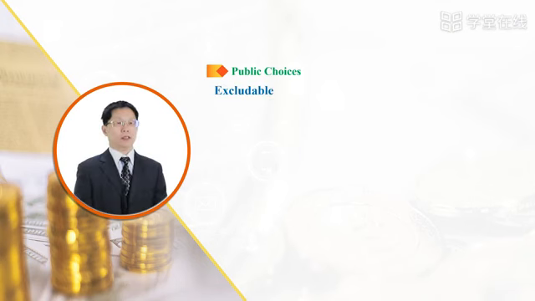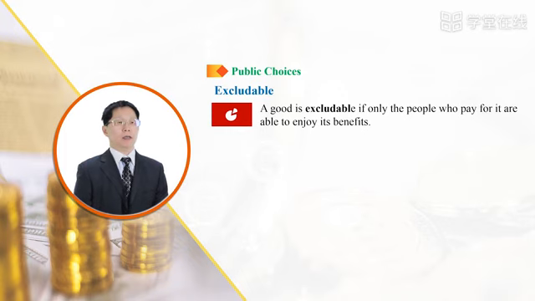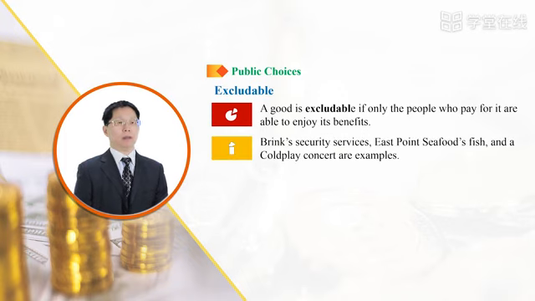A good or service is excludable if only the people who pay for it are able to enjoy its benefits. An automobile or watching an NFL game in person would be excludable.